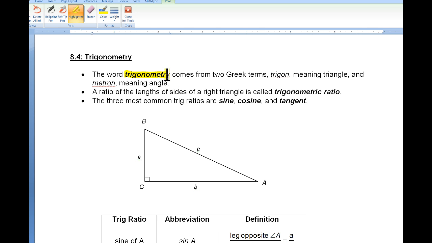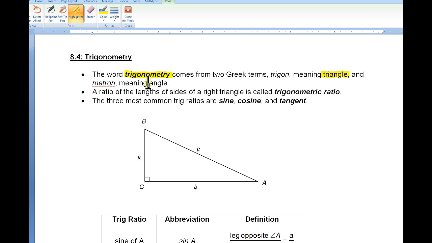Trigonometry, really simple. If you take the first part, guys, the first part of the word is basically referring to a triangle, and the last part is for measure.